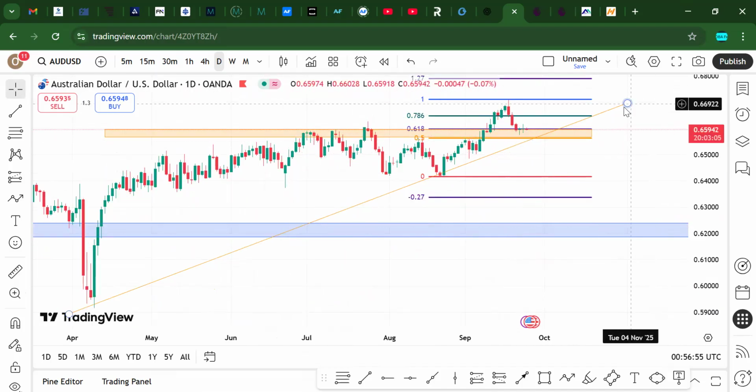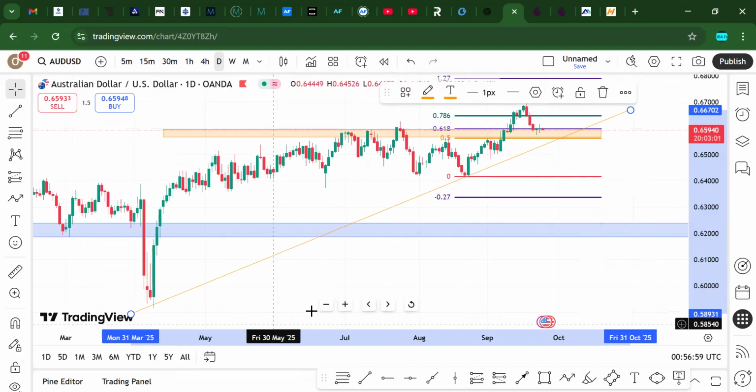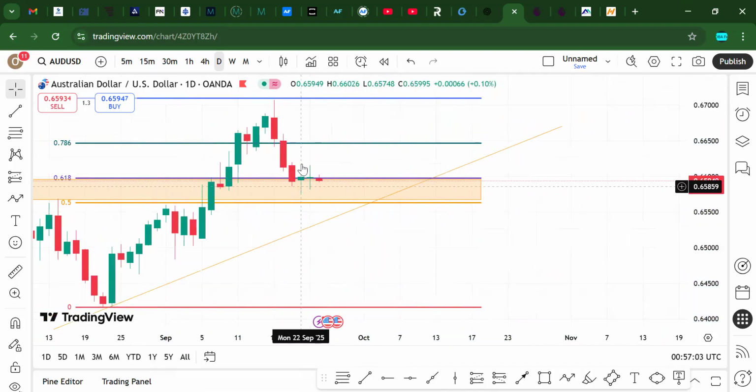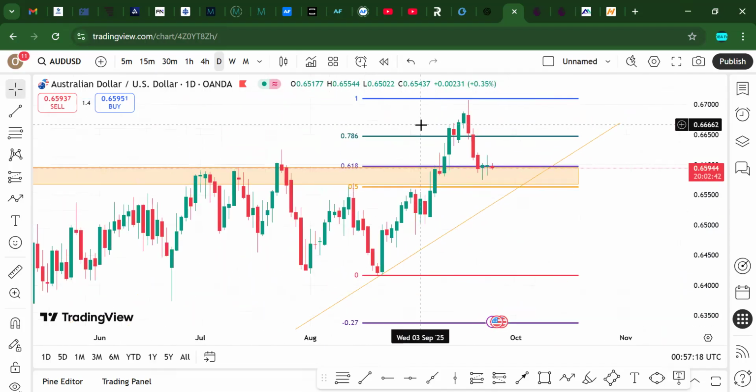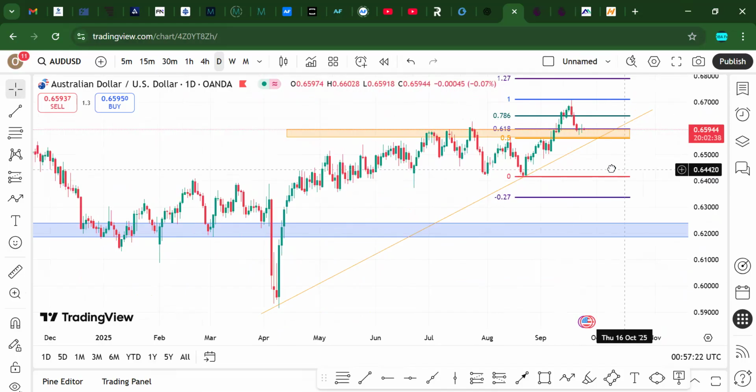We have two touches of the trend line, and we even have more candlesticks indicating that buyers are getting set to come into this particular market and take it upwards. We have a hammer, we have a long leg doji candle, and all these are encouraging signs that buyers are getting set to take over the market.